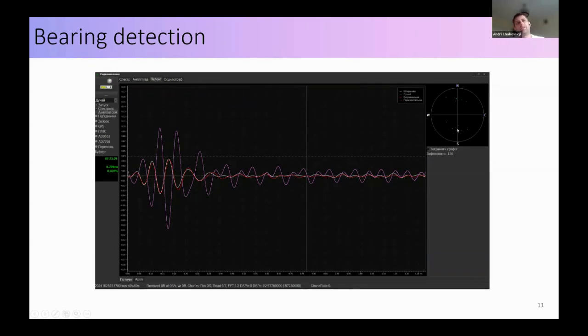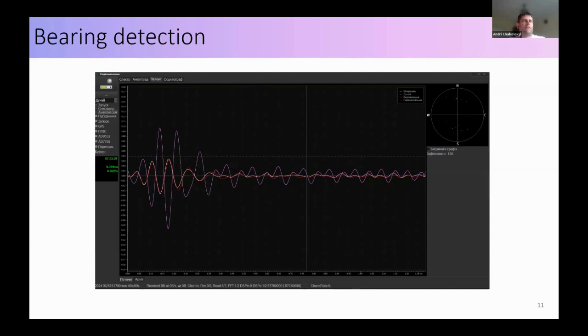It also plots a diagram of azimuth versus relative distance, or pseudo distance, to that signal, just for visualization.